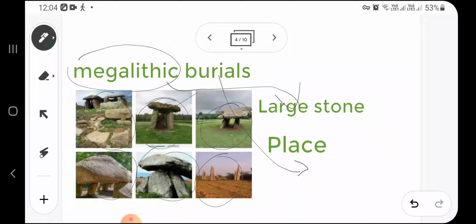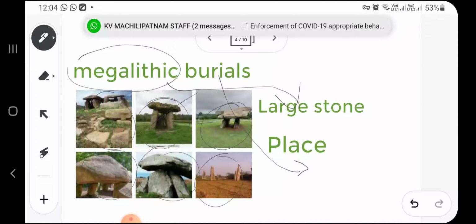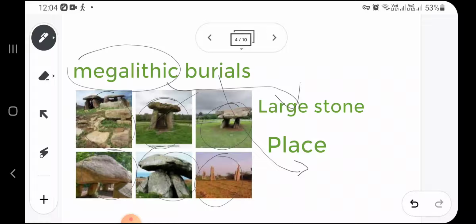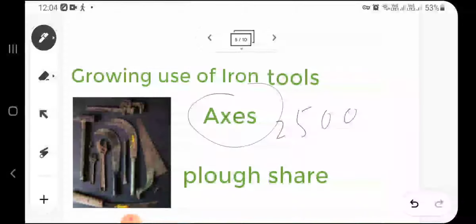So around 2000 years ago, there is evidence for the growing use of iron tools. Which type of iron tools did they use? Axes. Why do we use an axe? To cut forest, to clear forest area.